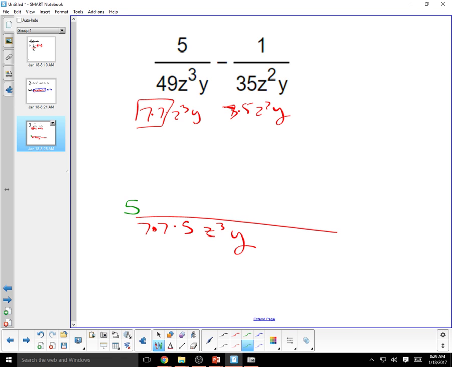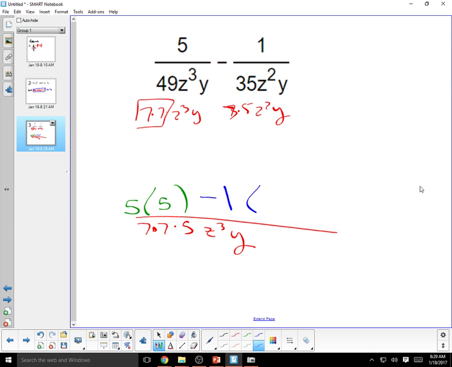Alright, so I'm going to start with 5. And I got to fix it because I changed the denominator, didn't I? It already had the 2 7s. It had the z to the third, and it had the y, correct? What did it not have? The 5. So I got to multiply that by 5. Minus 1 times, what did that denominator not have?